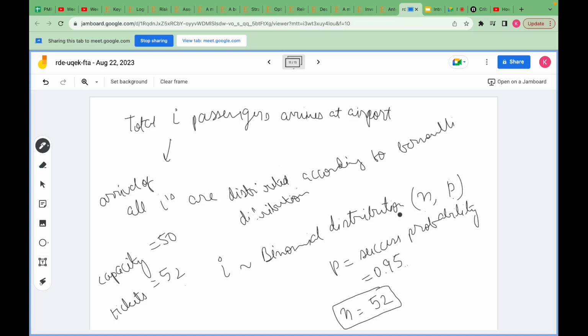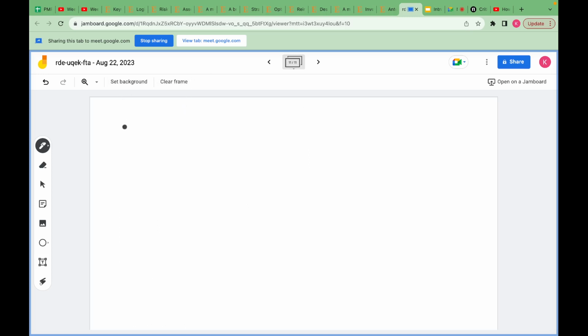So I will just explain it in another way. Airplane capacity is 50. Total tickets sold are 52.